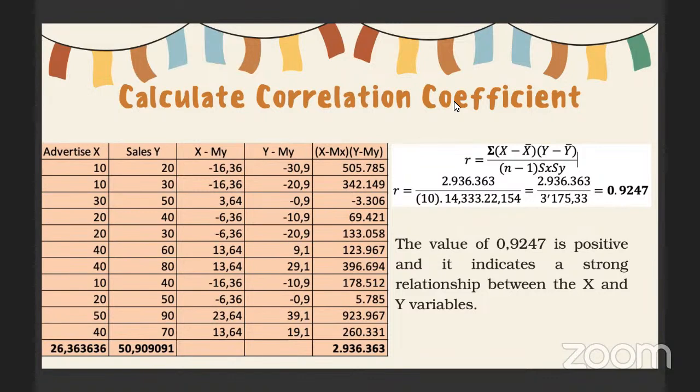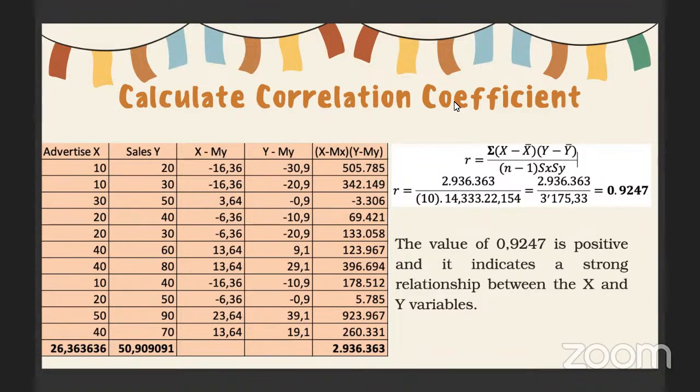Then we're going to calculate one by one. The value of the sum of x minus mean of x times y minus mean of y is 2,903.636. Then we divide it by n minus 1. Remember, our total n is 11, so it will be 11 minus 1, which is 10, times the standard deviation of x and the standard deviation of y.